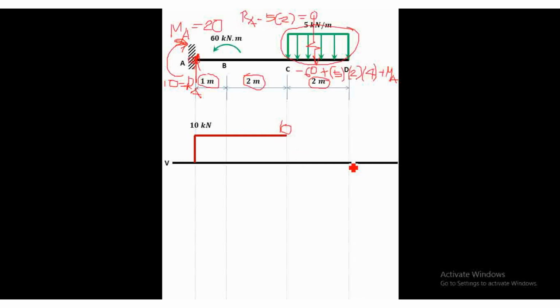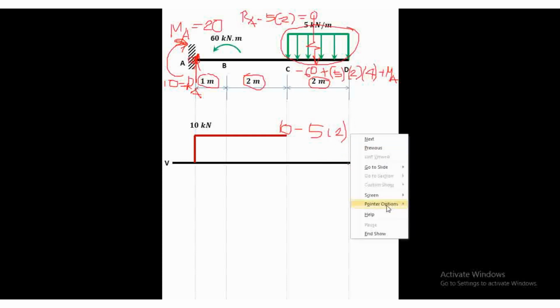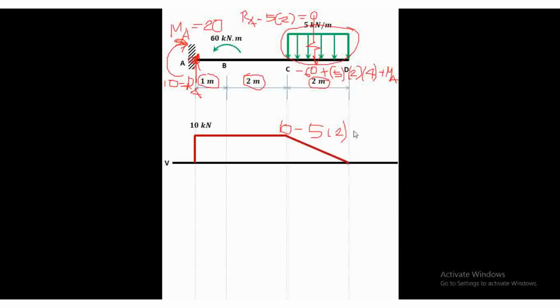Para makuha ko yung shear from C to D, 10 minus yung area nito, that is 5 times 2, that is equal to 0. Kaya pag nag-drawing ako ng diagram ko ng line between C to D, that is a diagonal line.